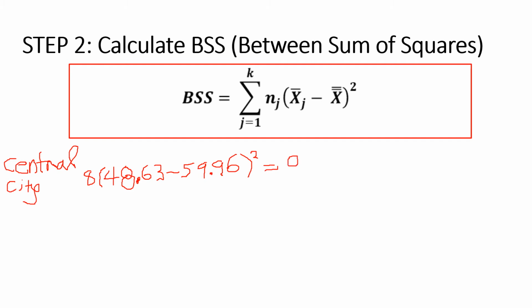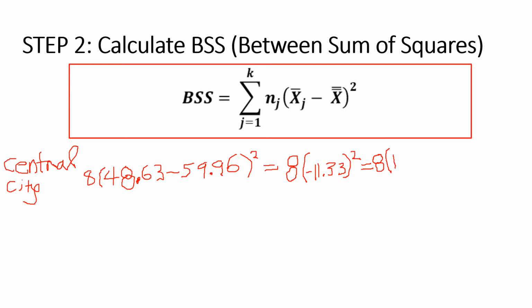So that's going to give us 8 times negative 11.33 squared. 11.33 times itself gives us 128.3689.